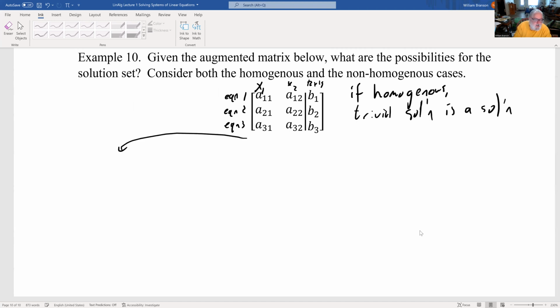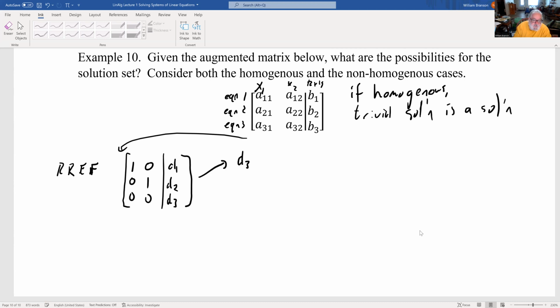And so we could have, as its reduced row echelon form, a leading one in this column and a leading one in this column. And then we get D1, D2, D3. And then there's two cases. If D3 does not equal 0, there's no solution, right? Because if that's not equal to 0, our last equation is 0 equals D3, there's no solution there.